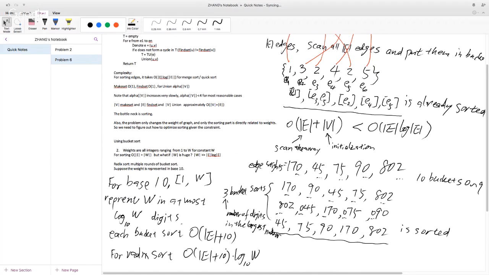Note that for merge sort, it's O(E log 2 E).